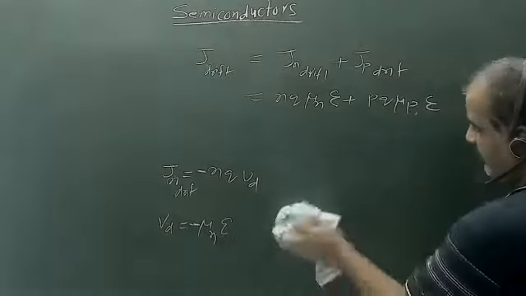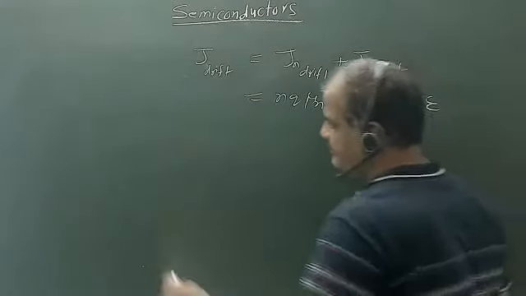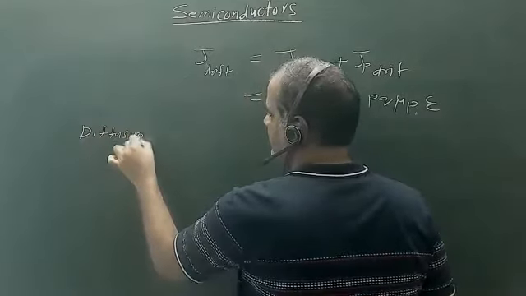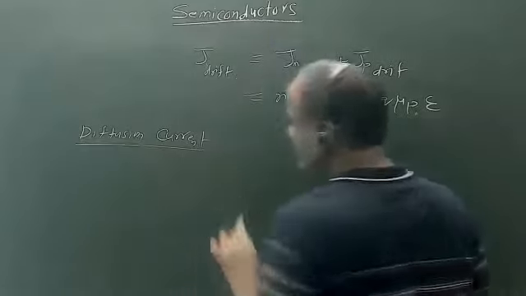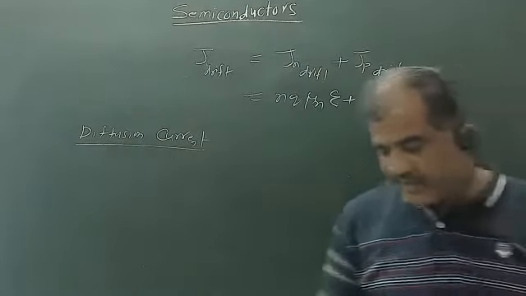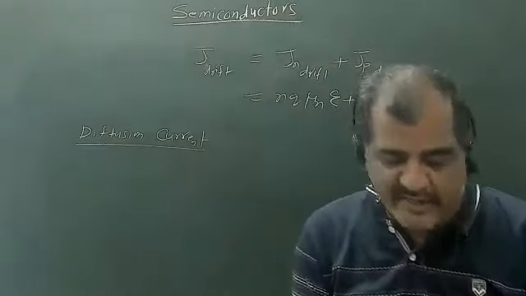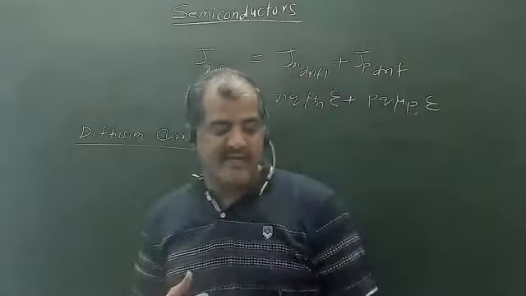Okay, now similarly if I write diffusion current, so what is diffusion current? Okay, diffusion current is the current which is produced due to concentration gradients. Okay, so ये current useful है when we'll study PN junction.